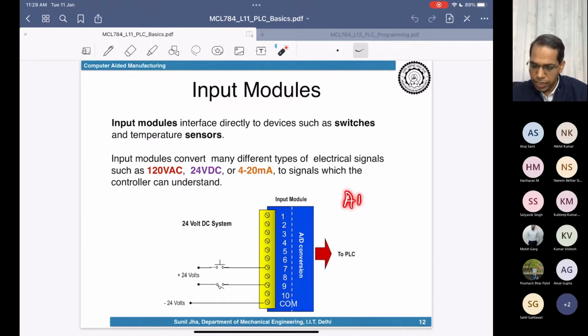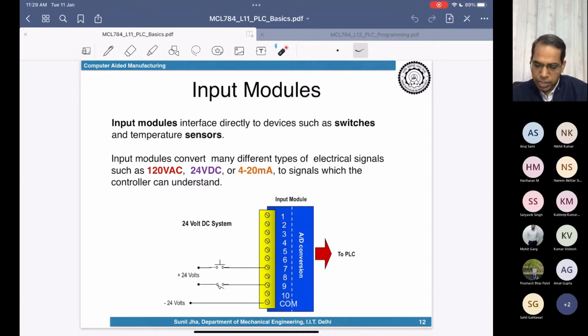That is the ADC part. For example, instead of these push buttons, if I connect a temperature sensor over here, then I need to convert the input coming from the temperature sensor into a digital value that my controller can understand. I will explain the ADC when we discuss the analog signal in detail.